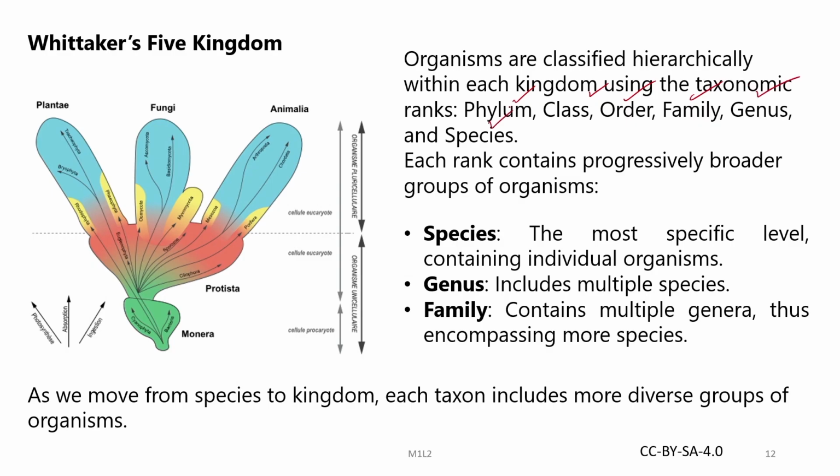Each rank contains progressively broader groups of organisms. For example, species is the most specific level containing individual organisms. Genus includes multiple species, family contains multiple genera, thus encompassing more species. So, as we move from species to kingdom, each taxon includes more diverse groups of organisms.